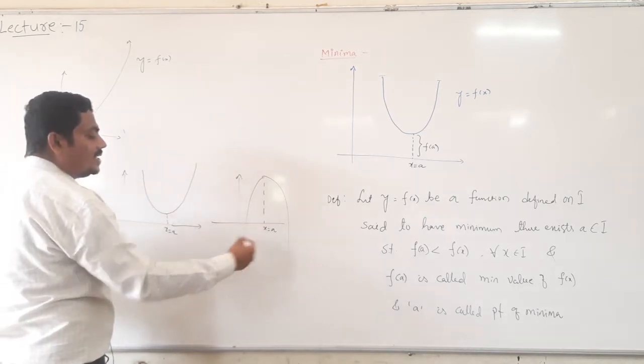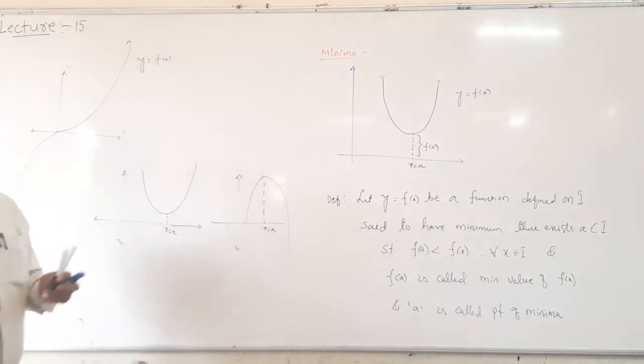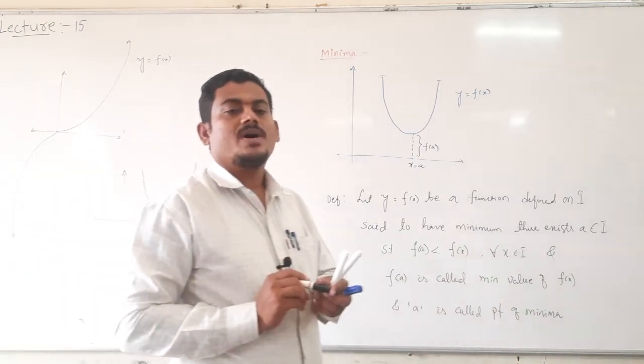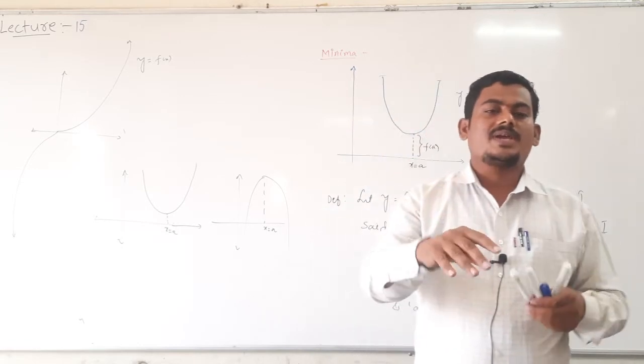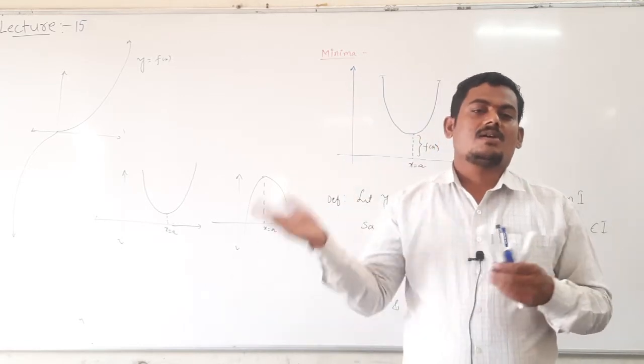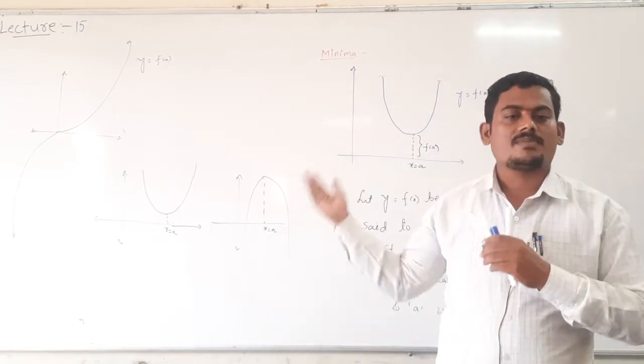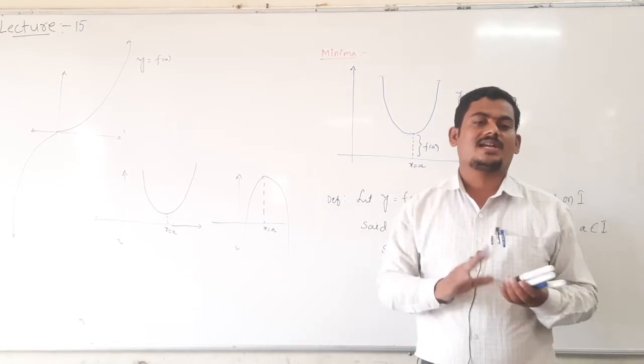For some functions maximum and minimum values do not exist. For some functions maximum exists, minimum does not exist, right?